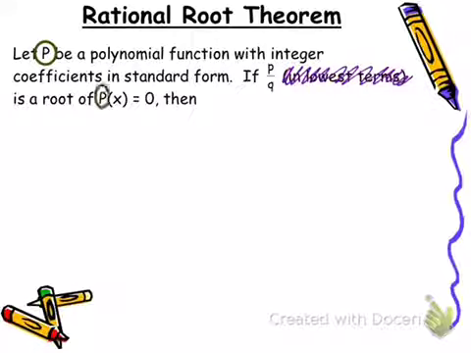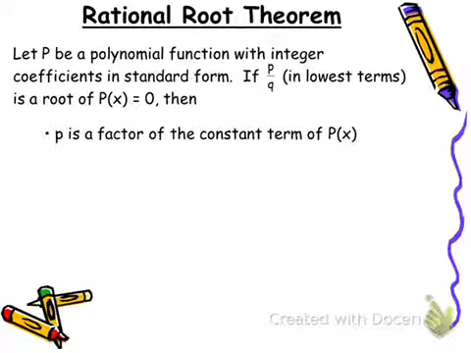We just have one in function form there. In other words, if p over q is a root or a zero or an x-intercept of that thing, then here's what we know. Based on that example that we did at first, little p has to be a factor of the constant term of P of x.